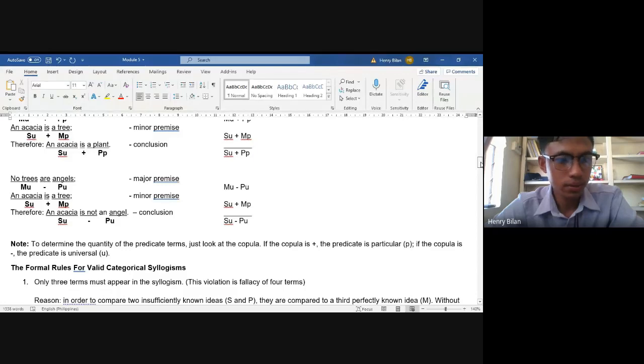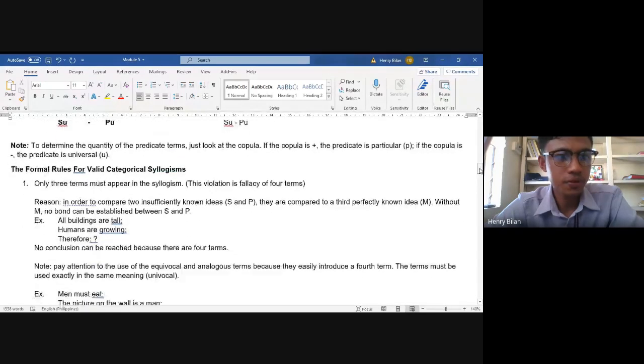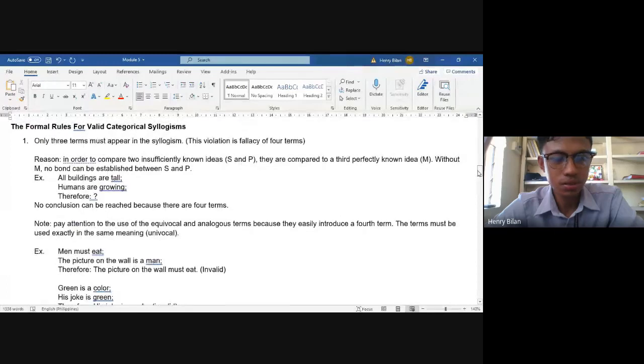Now let's go with the rules for valid categorical syllogisms. So we have rules to follow in order to arrive at valid categorical syllogisms. There is no fixed number for this because some authors have 7, 8, 9, 10. In the reference that I used, it's 8.